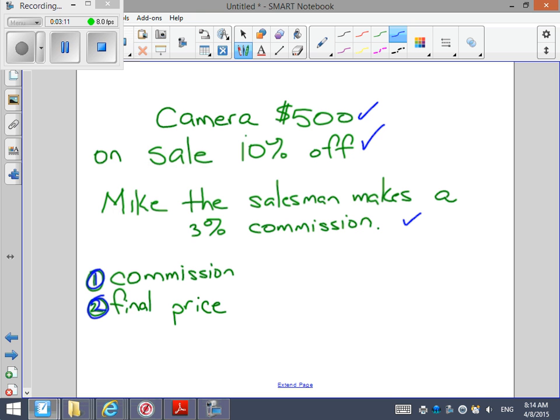So in order to do this, the first thing we have to do is take the discount off. We have to know how much the camera was. So it was $500, and then we're going to take 10% off of that. And remember, there are two ways that you can do it. My favorite is to take whatever's left, which would be 90% of the total price.